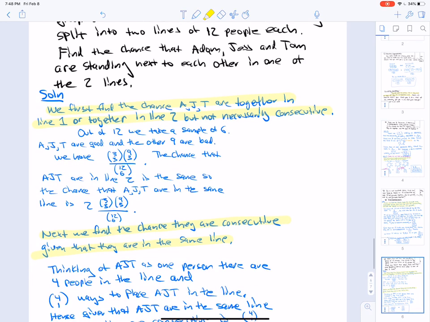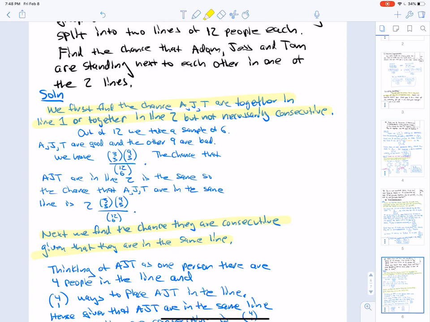So to first find the chance that Adam, Jess, and Tom are in the same line, let's say that they're in line 1. I'm going to think of Adam, Jess, and Tom as good and the other 9 as bad. And so this is going to be just a hypergeometric. So out of the 12, you choose 6, and out of the 3 good, you choose all 3, and out of the 9 bad, you choose 3.